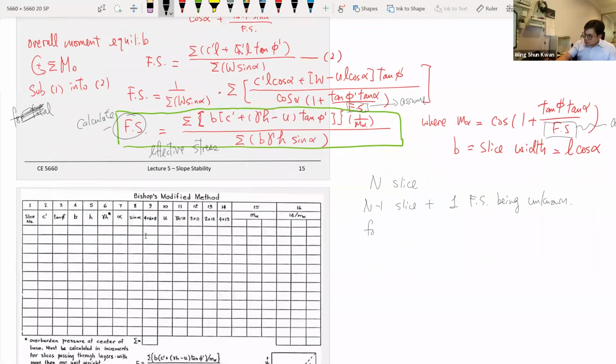For total stress, what you would do is use c and phi, so not c prime and phi prime, it's just c and phi, plus delete the u terms, so you don't have the pore pressure. So this is for the total stress analysis.